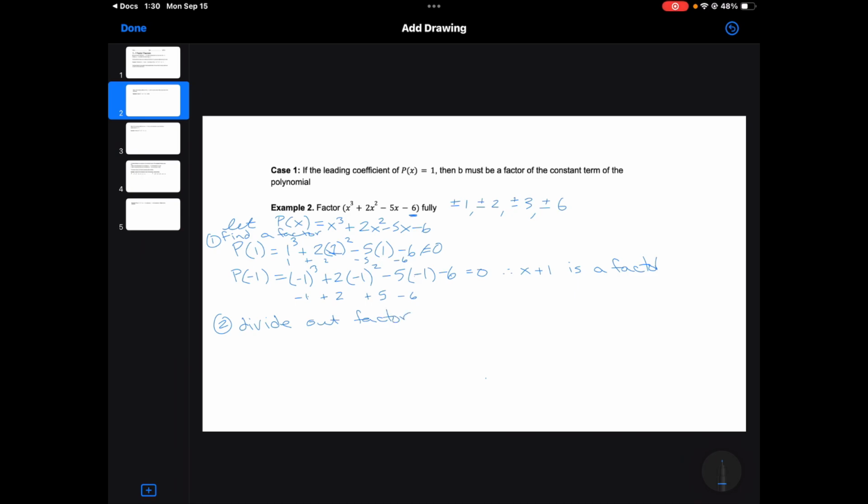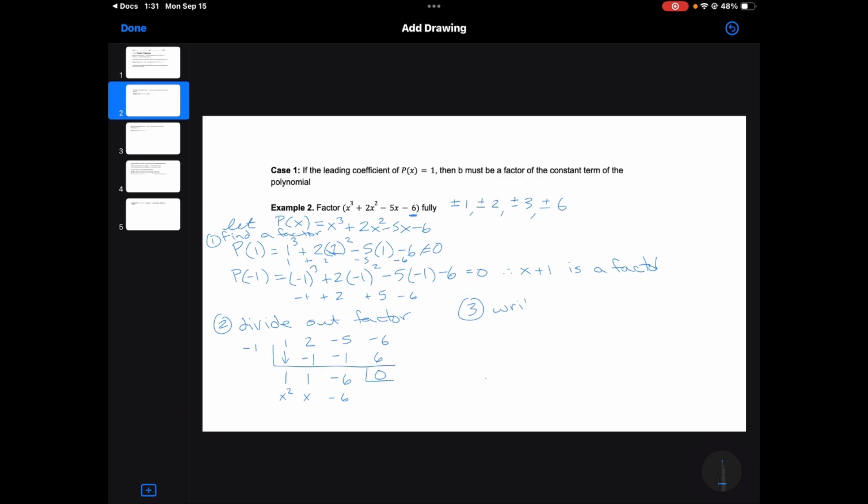And so in order to do that, I'm going to use synthetic division or long division. I'm putting my coefficients in front here, bring down the 1, add my next column here. I'm going to add my next column here. And I should, as long as I have a factor, get 0 here. That means that x squared plus x minus 6 is my other polynomial.